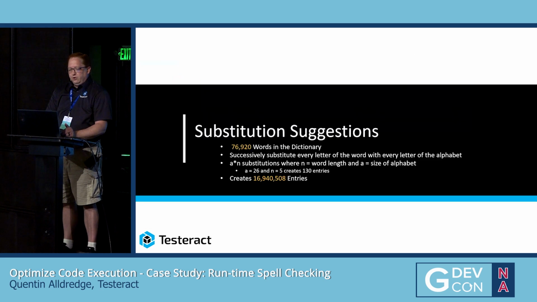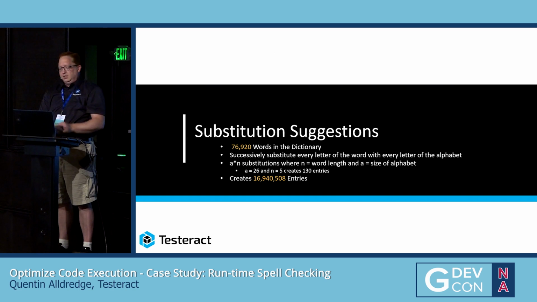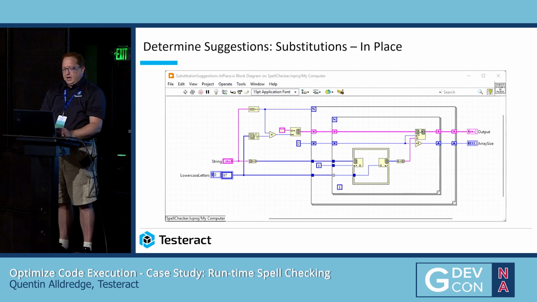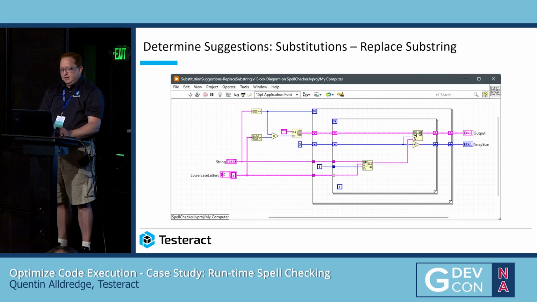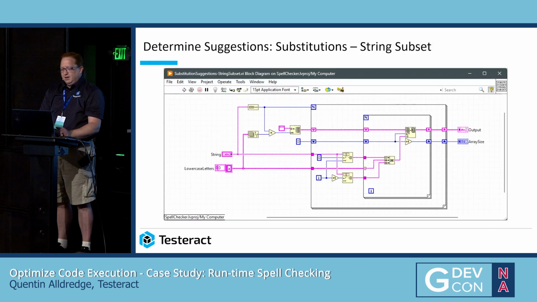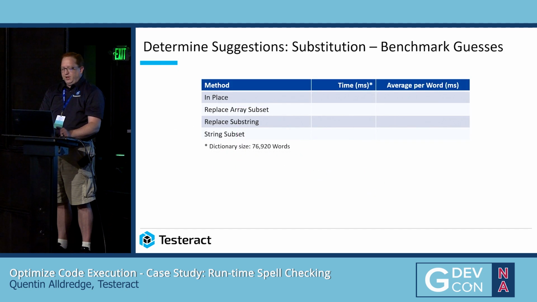Then this one's creating 16 million entries for substitution. This is substituting every letter once. So we have in place again, where it's doing an in place on the array. This one's doing a replace array subset. This one's doing a replace substring. This is doing a string subset. So which one do you think is fastest on this one?